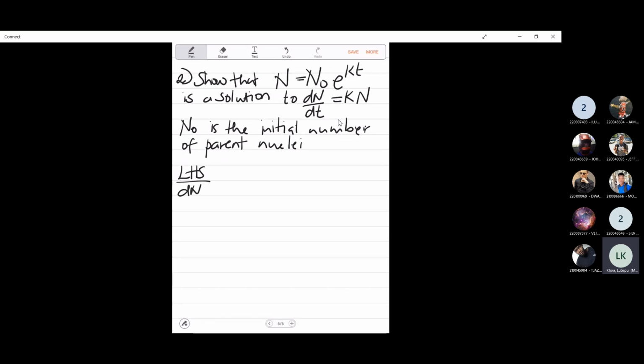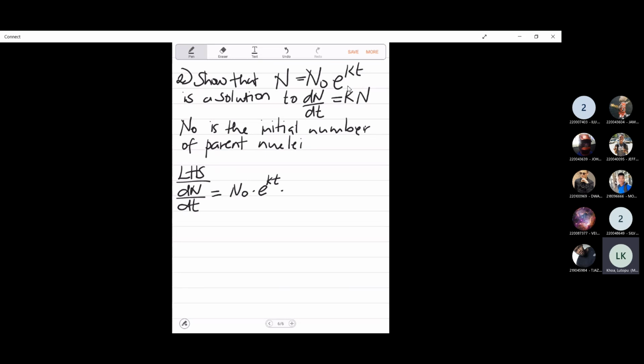So dN dt. Now here, N naught is a constant. If you started with 1,000 people, that is a constant. It's not something that changes. And our variable in this case is t. So we differentiate this with respect to t. So this is N naught, and then the derivative of e to the power of kt is just e to the power of kt.